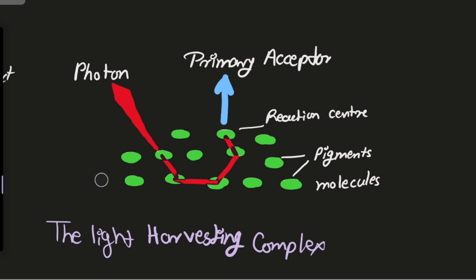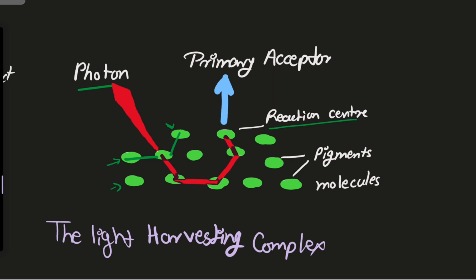So here is the light harvesting complex. All the accessory pigments or pigments grab the light photon, that is light coming from the sun, and pass it to the reaction center. The reaction center is one of chlorophyll A, which has an absorption peak at 700 nanometers.